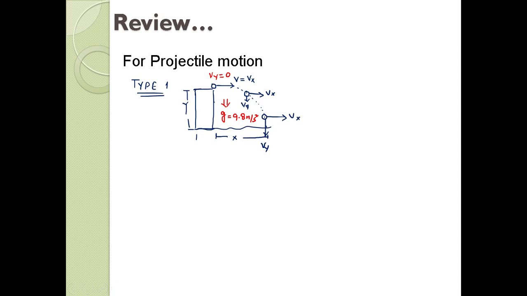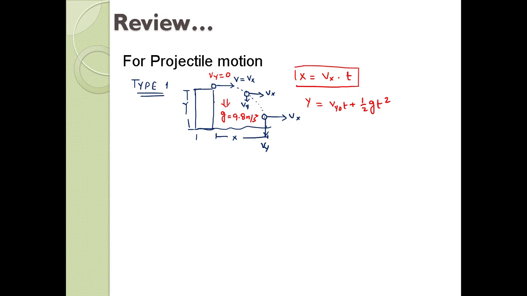So the equations that we need for this motion are, for the horizontal distance, x = vx t. This is the equation for the horizontal motion, and for the vertical distance we will use y = vy naught t + half g t squared.